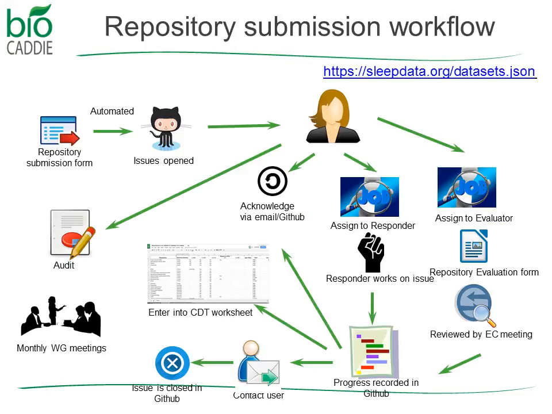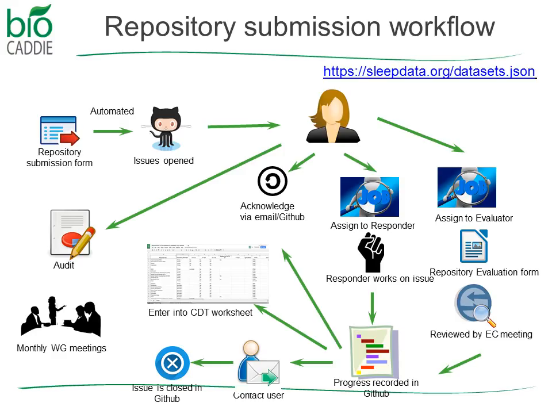Also, coming to the repository submission workflow. This is the workflow that was decided on, and Sandra is on the call. Basically, she has been working on all the repository submission forms that come into GitHub and then assigning them to people.